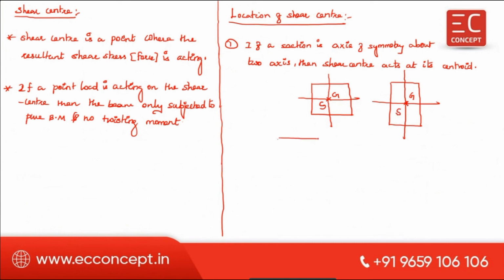For example, an I section is also symmetrical about two axes. This is G, and the shear center also lies on the same center of gravity or centroid. This is the first point.